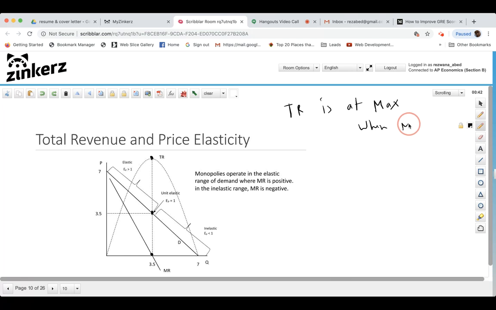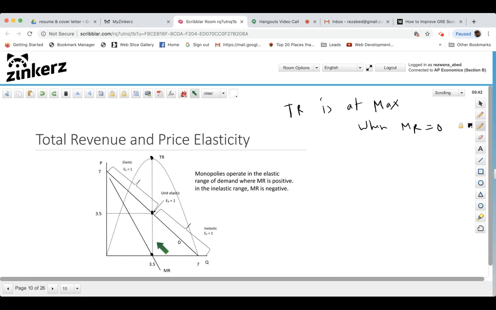Okay, so what does all this mean for the monopoly? What all this means is that a monopoly will choose their quantity in the region where their demand is elastic.